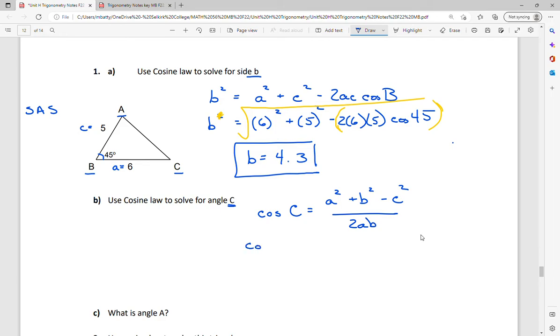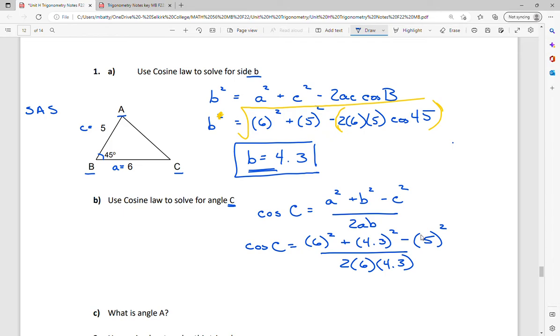So I'd have cosine of C equaling A is 6 squared plus 4.3. I needed that from up top here, right? Minus 5 squared all over 2 times 6. Oh man, this is a subbing in nightmare. Times 4.3.